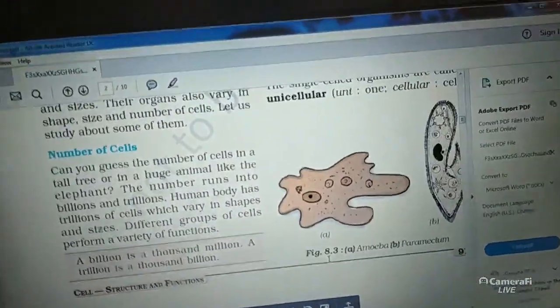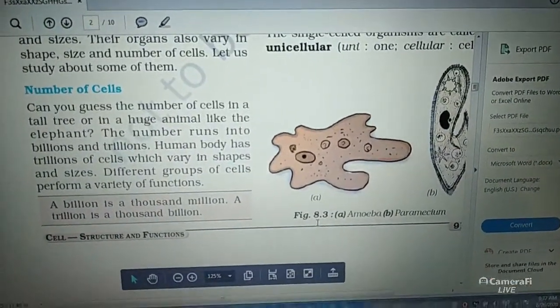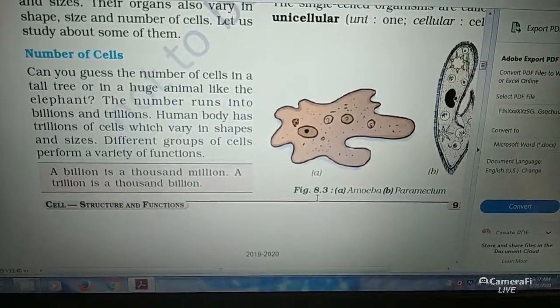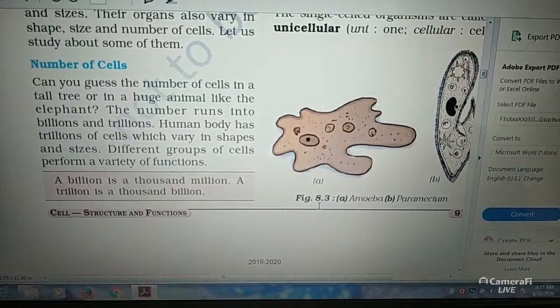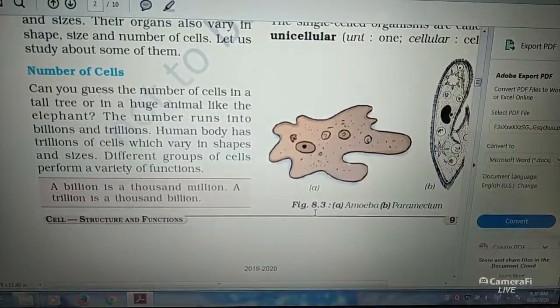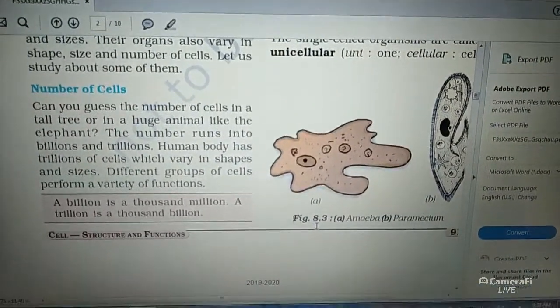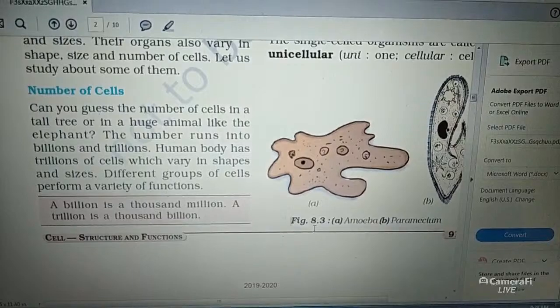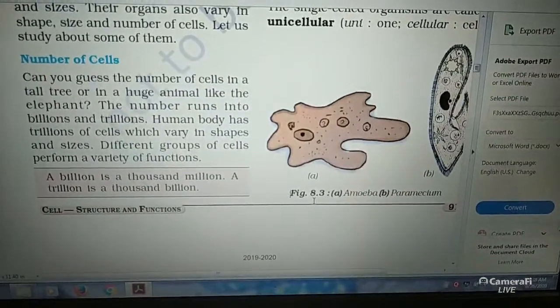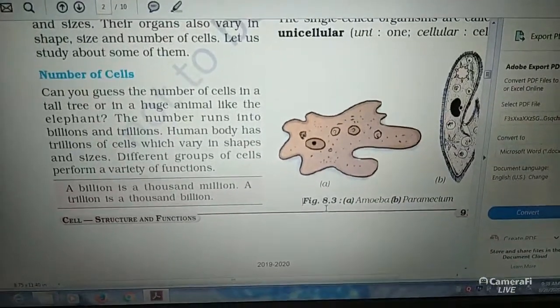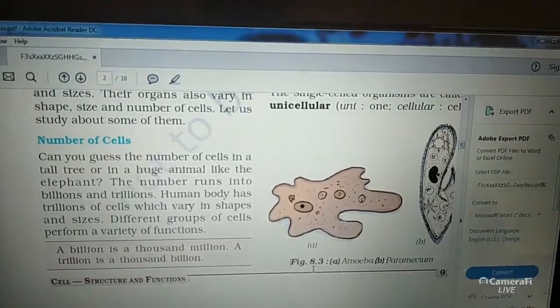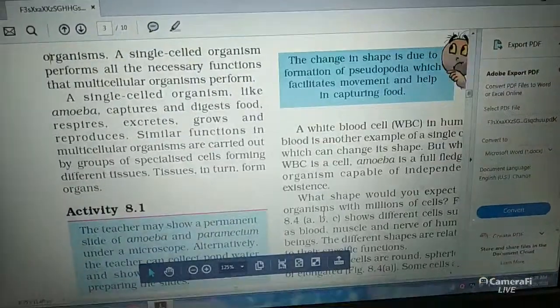Amoeba is one cell, a unicellular structure. This organism is totally one cell structure, comprising one cell. Total one cell is one organism. Amoeba and paramecium are some protozoans.